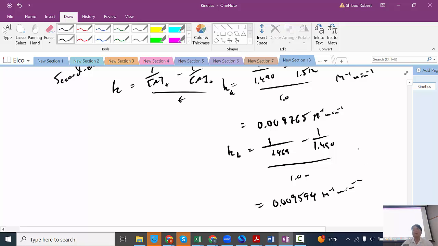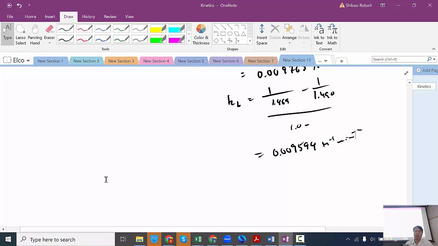So here, the 9765 versus 9594, I have no idea. So the thing we're going to do is calculate the percent difference here.